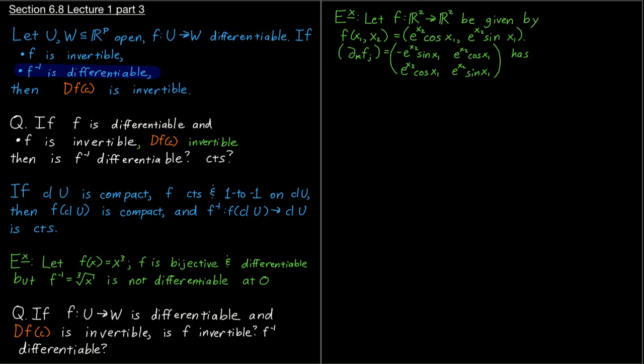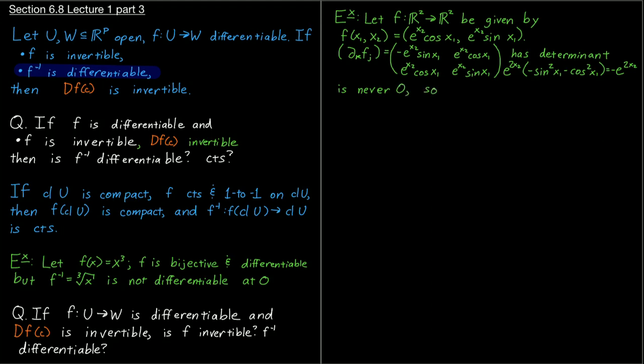If you want to see if it's invertible, you compute its determinant. The determinant comes out to e to the 2x2 times minus sine squared x1 minus cosine squared x1, which is minus e to the 2x2, and that is never 0.